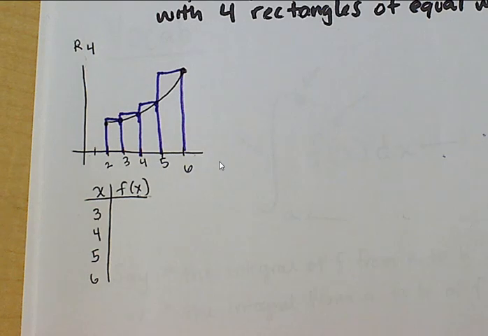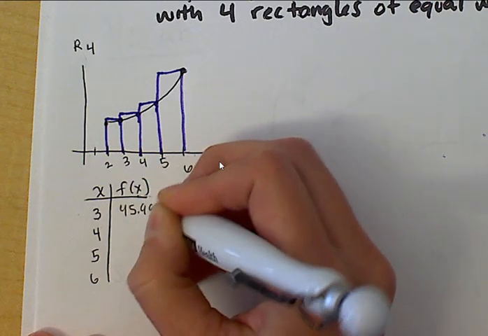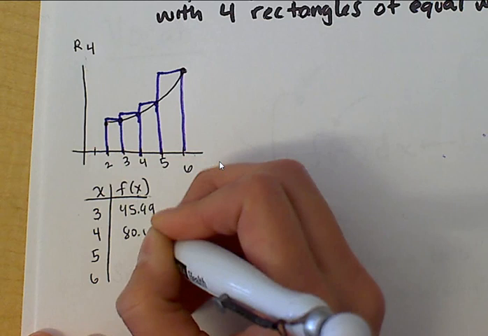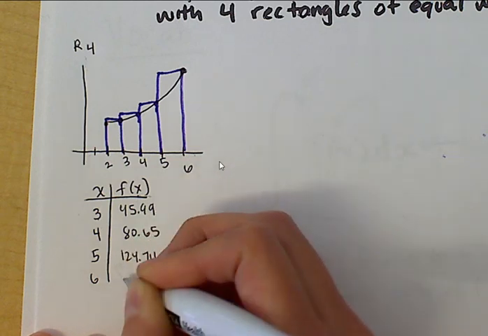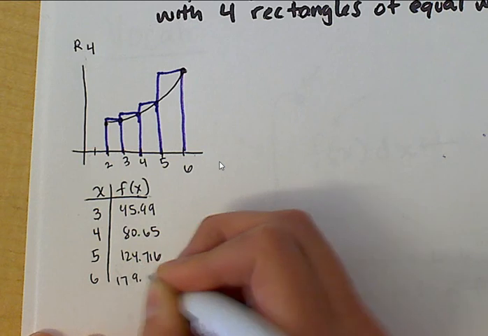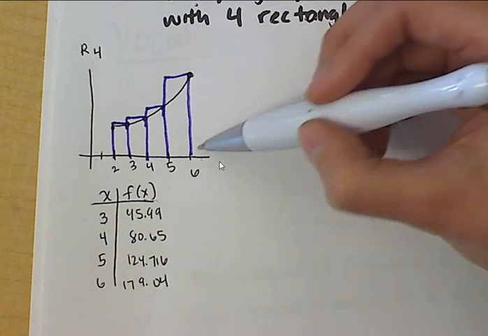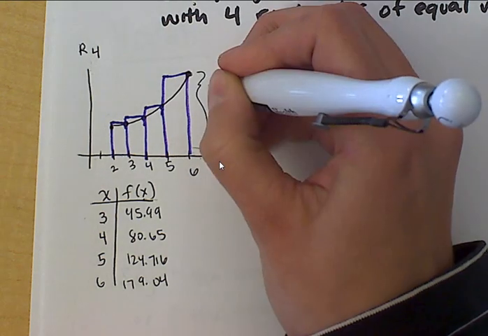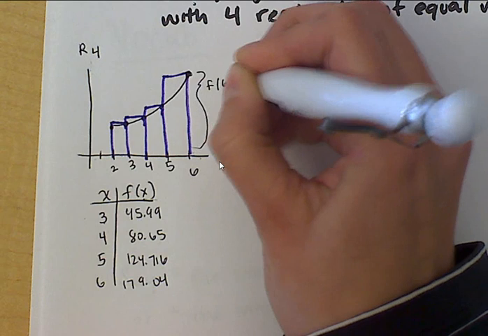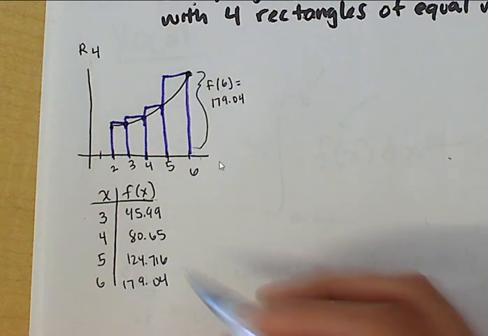When I plug those into the equation, I get 45.99, 80.65, 124.716, and 179.04. Remember, these represent the various heights. So if you need help remembering, you could say, okay, this height is f of 6, which equals 179.04. This is a height.